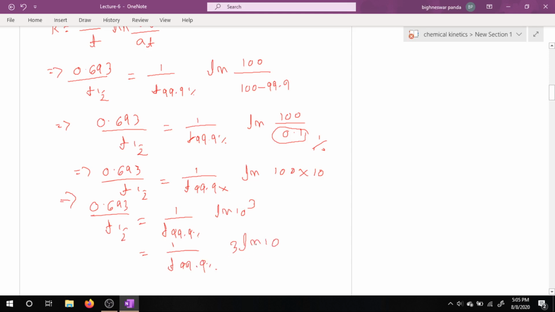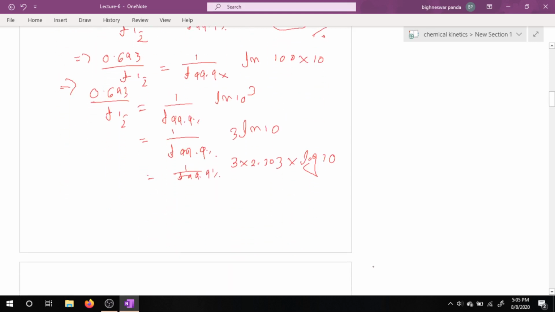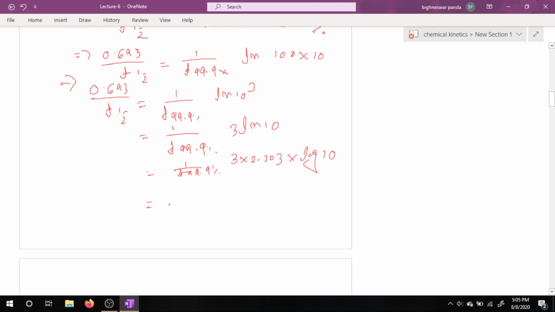By converting ln into log, I can get 1 by t into 3 into 2.303 log 10, and it will be equal to 6.909 divided by t, and it will be equal to 0.693 by t half.